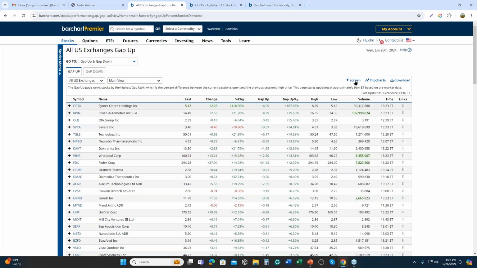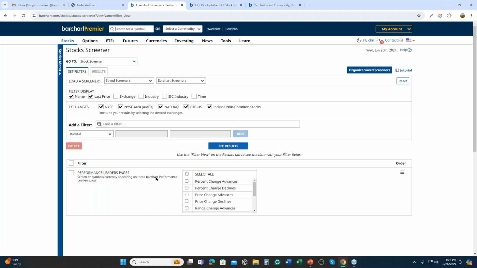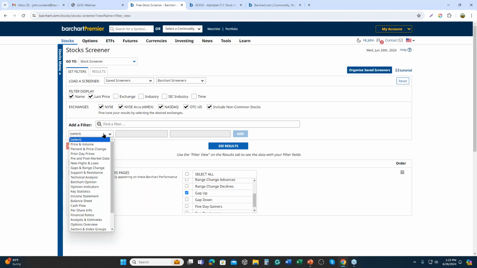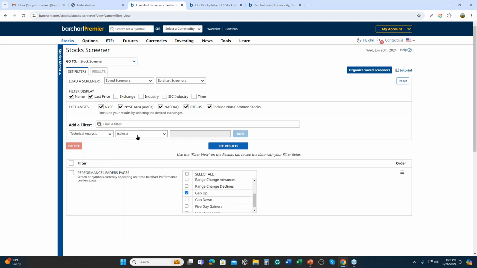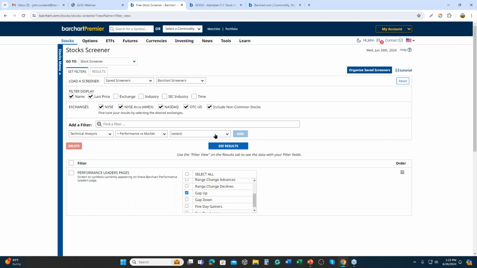One of the things I can do, again, is go back to the screener and look at a comparison in terms of market performance. In other words, is this stock outperforming other stocks? One of the ways we can do that, go to technical analysis, is performance versus the market.